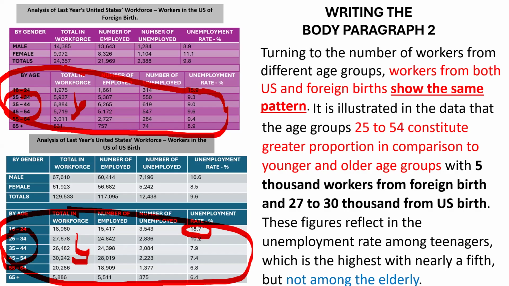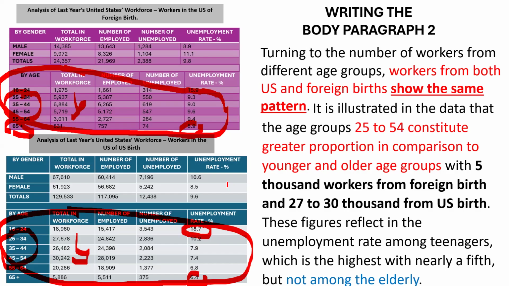These figures reflect the unemployment rate among teenagers, which is the highest with nearly a fifth, but certainly not among the elderly, where the percentage is only 8.9% and 6.4% unemployment rate.